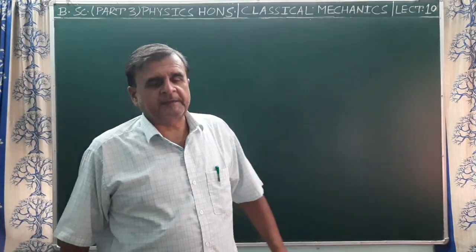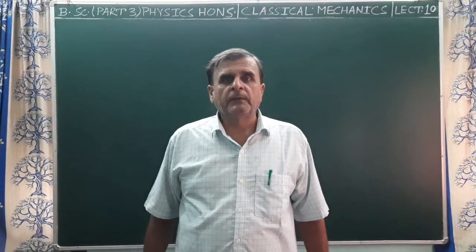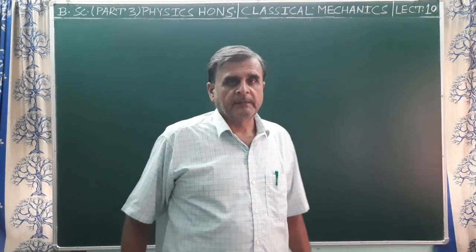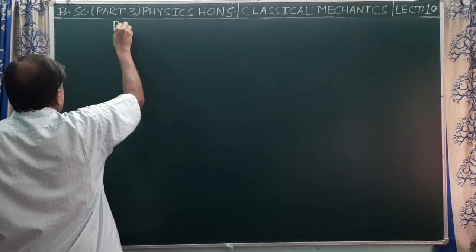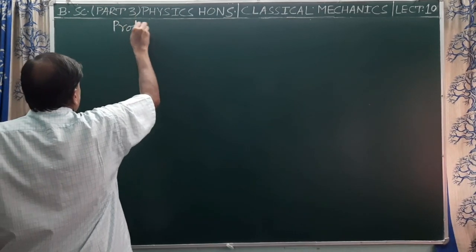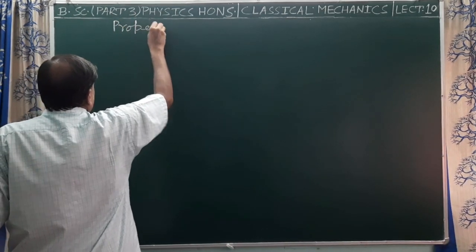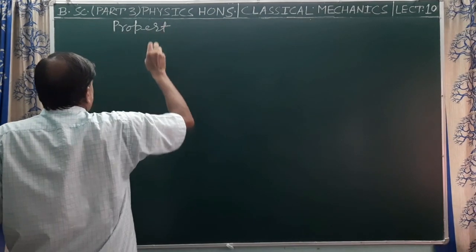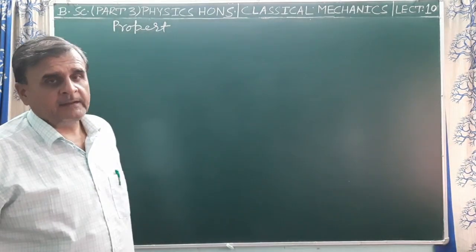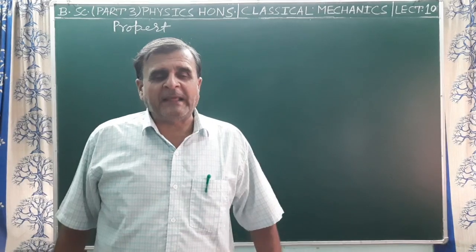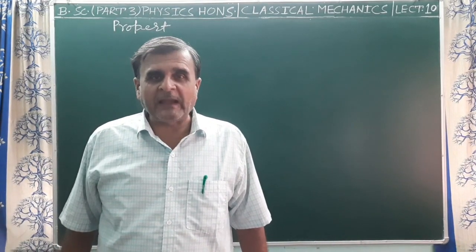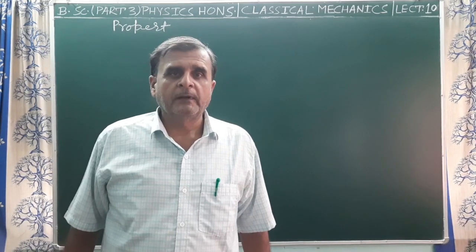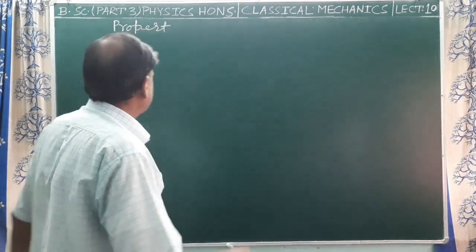Now we have to discuss the properties of Poisson brackets. The first property of the Poisson bracket is that the Poisson bracket does not obey the commutative law of algebra.